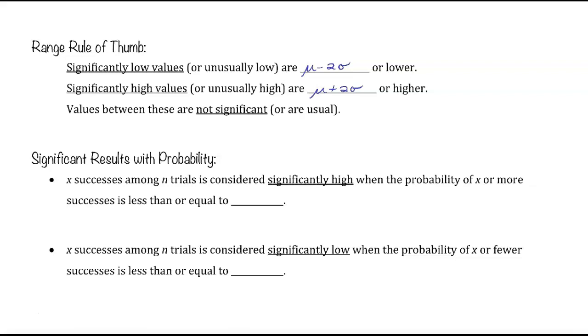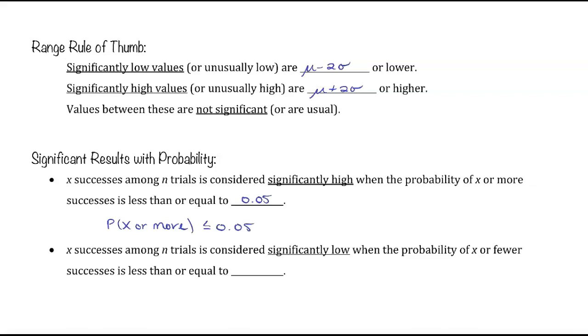In terms of probability, we define significant results slightly different. If we're looking at X successes among N trials, it's considered significantly high when the probability of X or more successes is less than or equal to 0.05. That is, the probability of X or more is less than or equal to 0.05, or less than or equal to 5%.